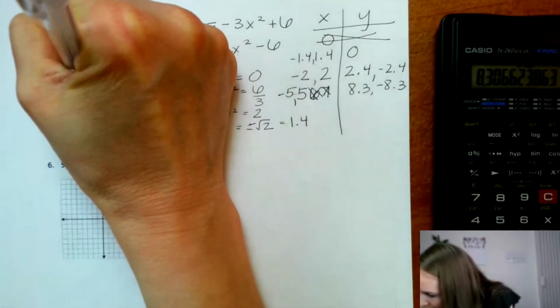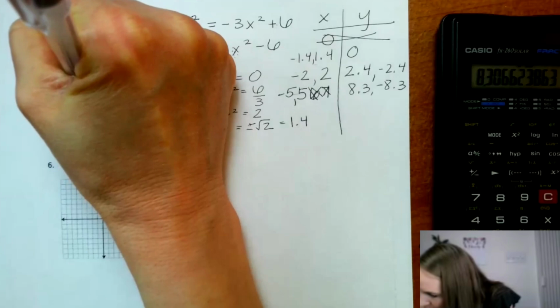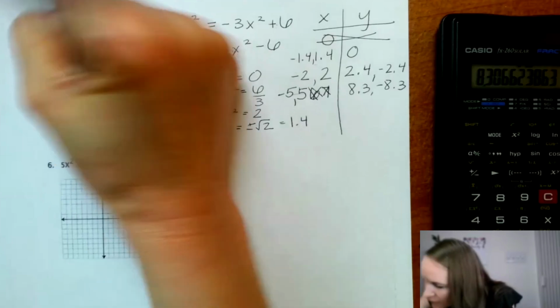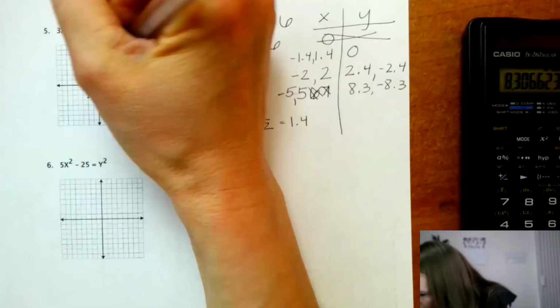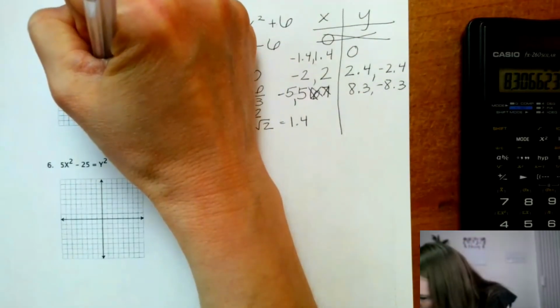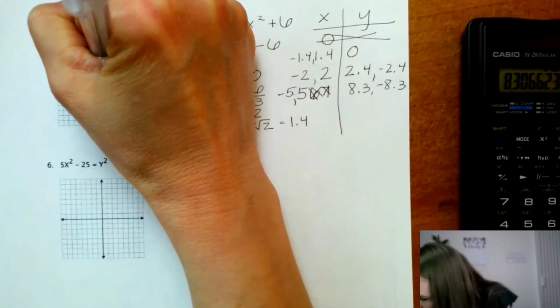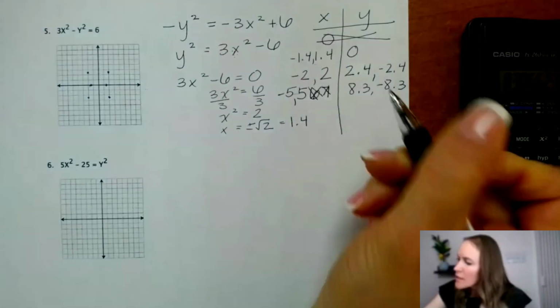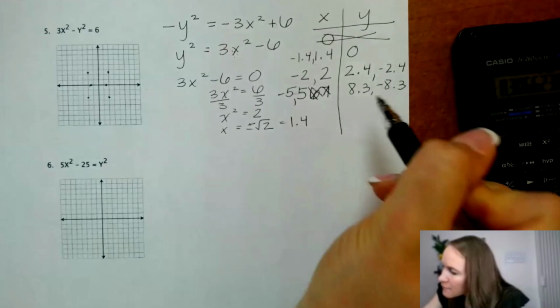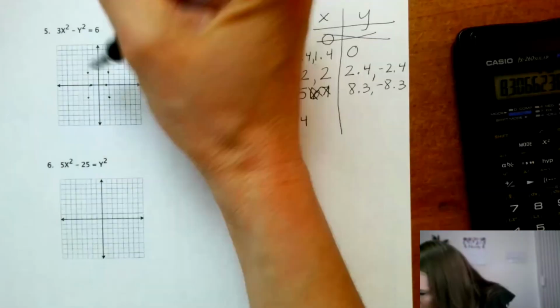And then positive 2, positive 2.4, and then the negatives. All right, looks good. Now I have negative 5, 8.3.